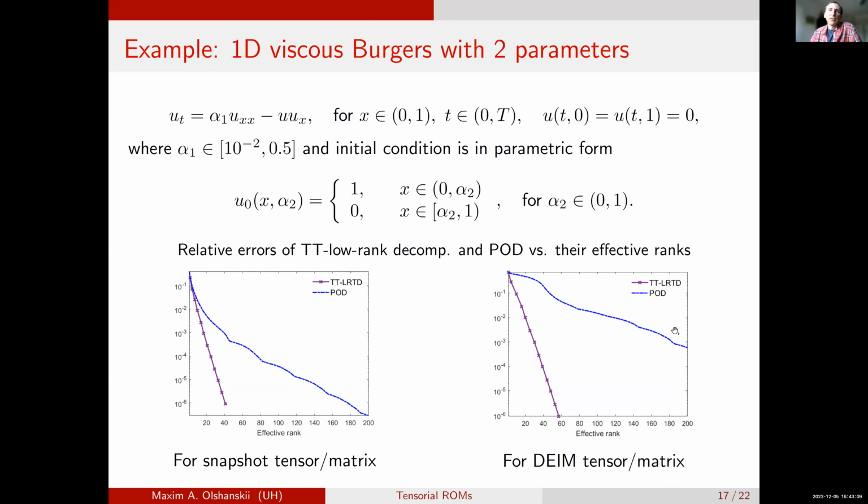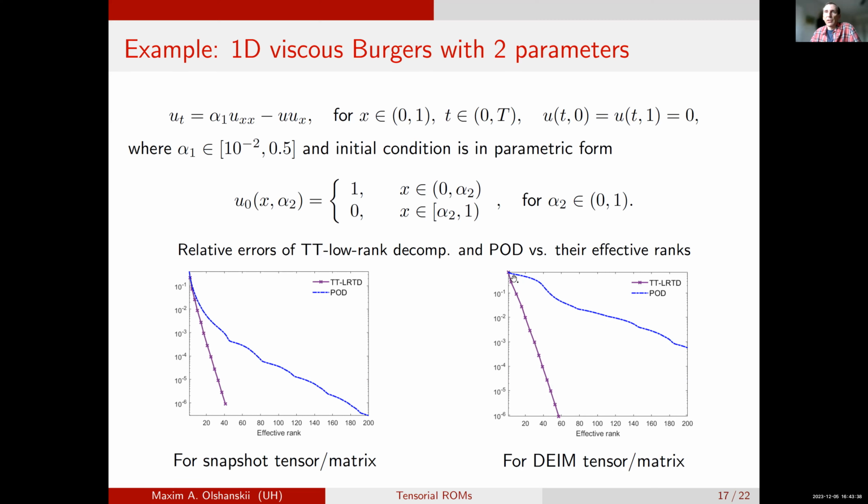Yeah, this is the illustration which explains why this tensorization is more accurate than doing just standard POD. Especially in this example, we see the gain of this tensorization for doing DEIM.